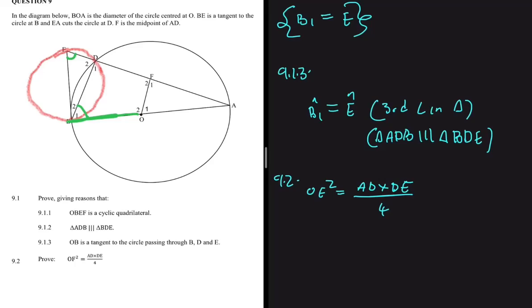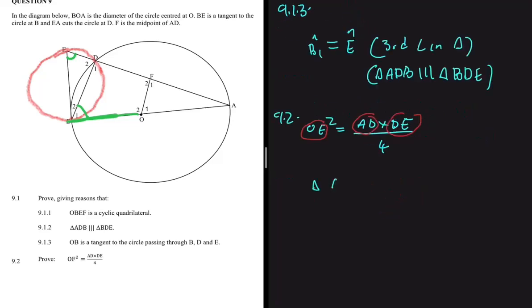So let's look at the sides we're interested in here. We're interested in AD, DE, and OF, right? We have triangle ADB, and here we have triangle BDE. Which sides are we looking for?